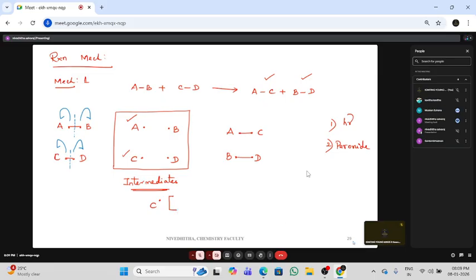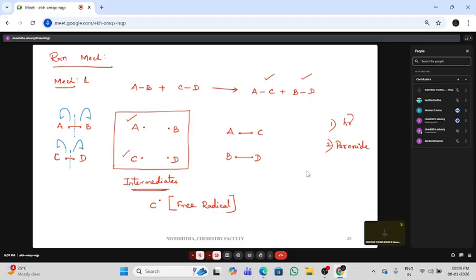We have very famous 3 types of intermediates in organic chemistry. If an atom got one odd electron on the system, that is called free radical. Free radical. So in this mechanism, we got free radical as intermediate.